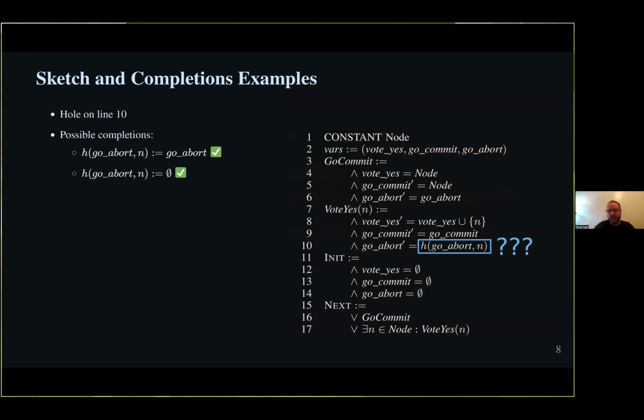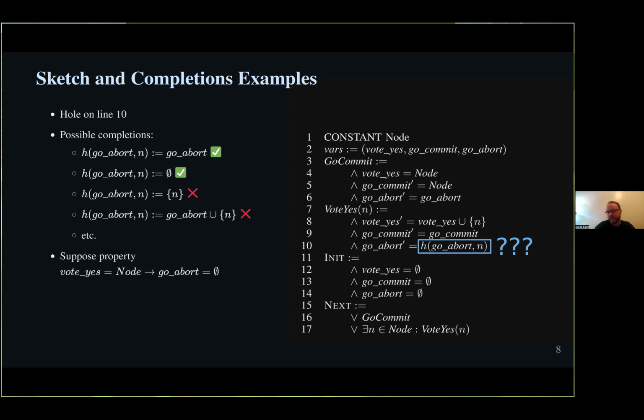And these correspond roughly to the protocol that we were looking at before. But if we replaced that hole with the expression singleton set n or go abort union n, etc., that would actually violate one of these state invariants that we looked at before. And again, we can show a counterexample showing that these completions violate those properties.